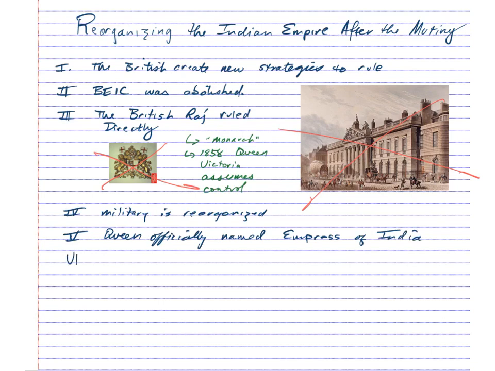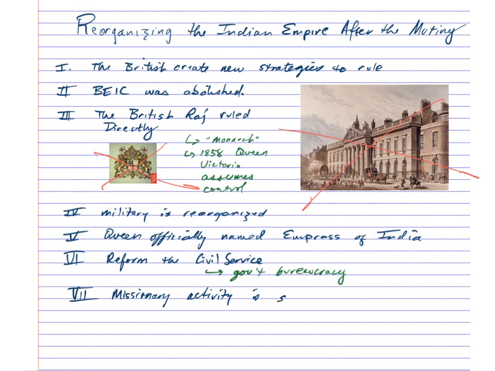And 6, they reform the civil service, by which we mean the government bureaucracy. 7, missionary activity is subdued, i.e. limited or held in check.